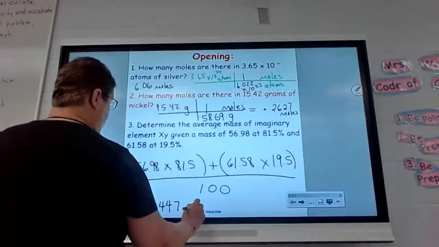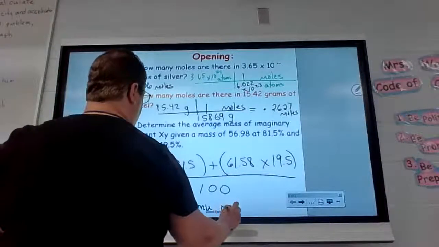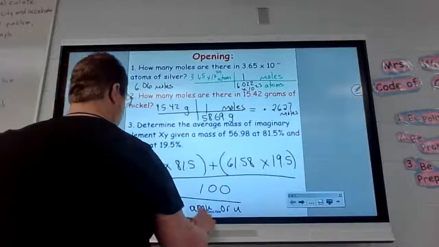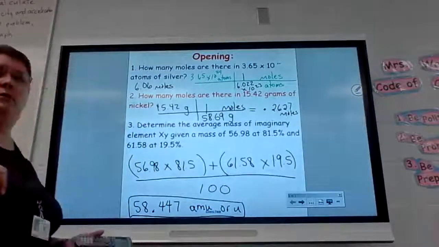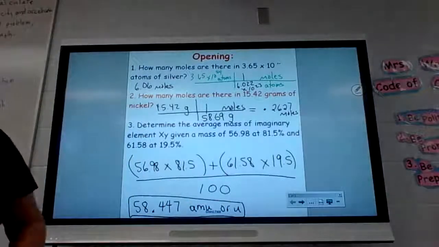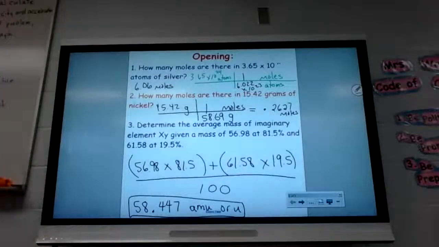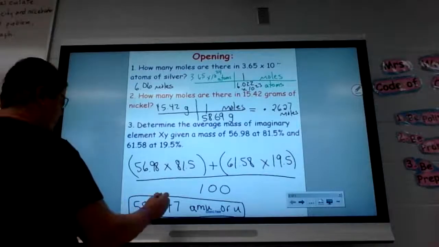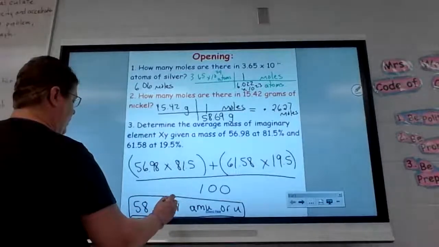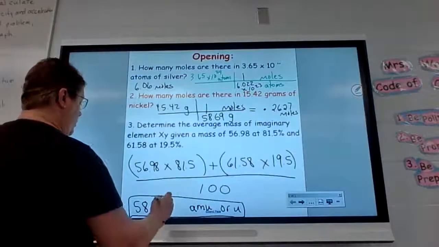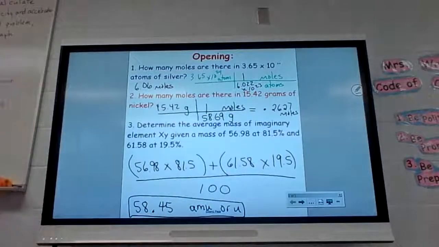Either AMU or U for the unit. Anybody else get that? We don't do significant digits for that. I told you you can. So if I rounded it off to a 5, would that make you happier? I told you to take it up to the same mass numbers on Friday, so you keep the same digits as the mass.